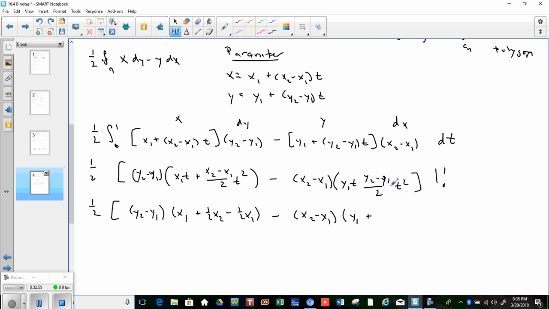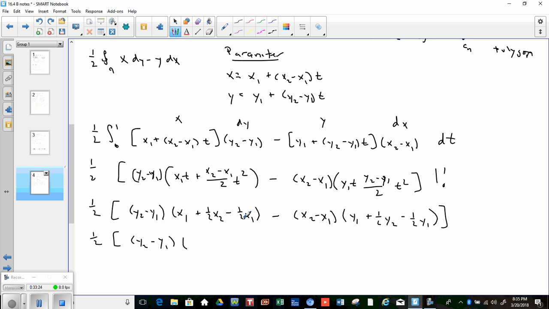Plus, plugging the 1 in here just gives me this, which is going to be 1/2 y2 minus 1/2 y1. Okay, let's go ahead and combine what like terms we can. 1/2 y2 minus y1.